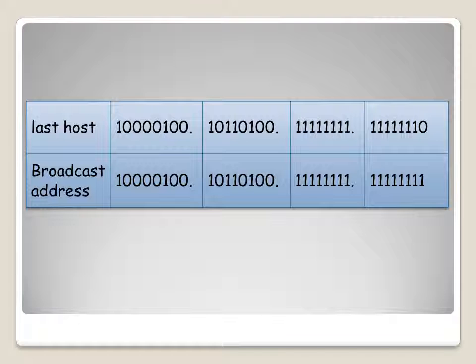Using this same network ID, the binary code for the last host that can have an IP address in this network ID would be 11111111.11111111.11111111.11111110.